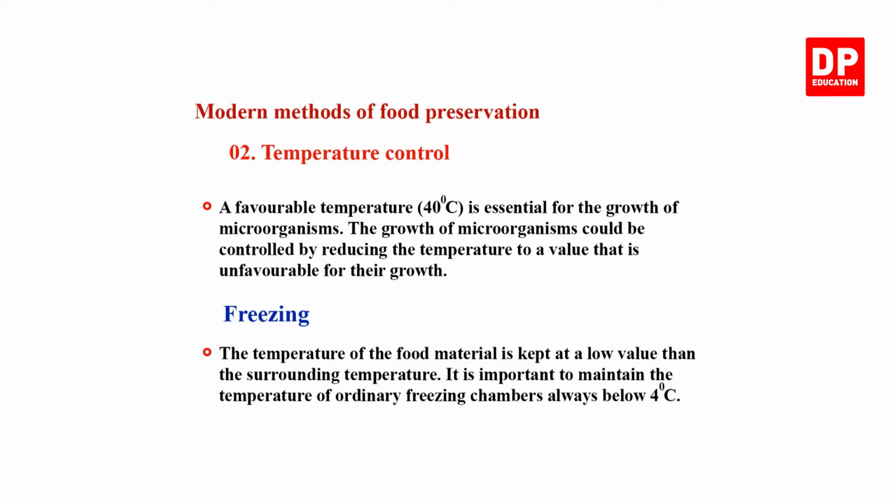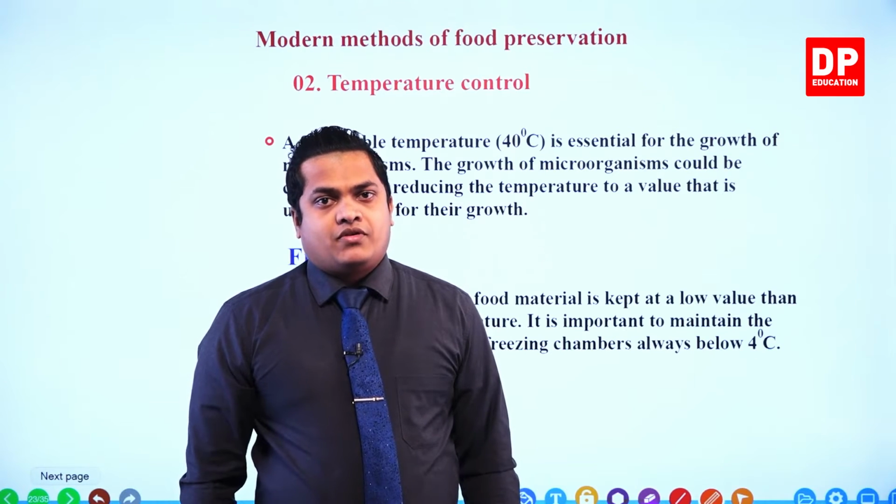Then the second method of food preservation, here we are using not traditional but advanced methods, my dear children. The second advanced method of food preservation is temperature control. We control the amount of temperature.